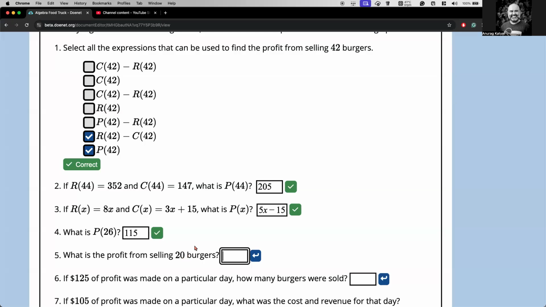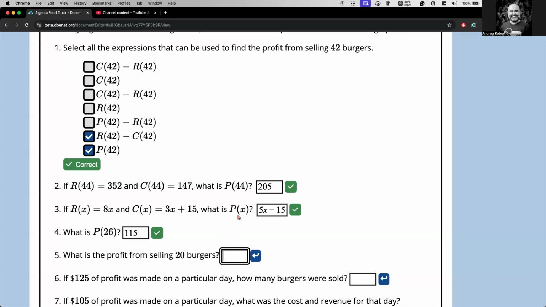You could do that, or why not use this shiny new toy we just got, which is the profit function? No, he said replace 20 for P of X. Plug that in for P of X means take P of X away and put 20 instead of it.